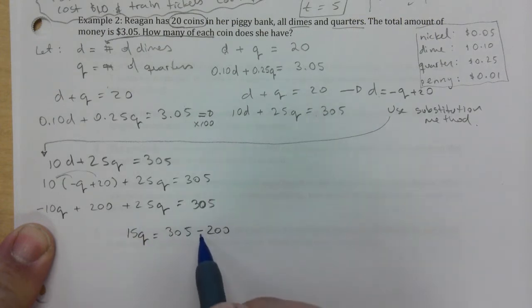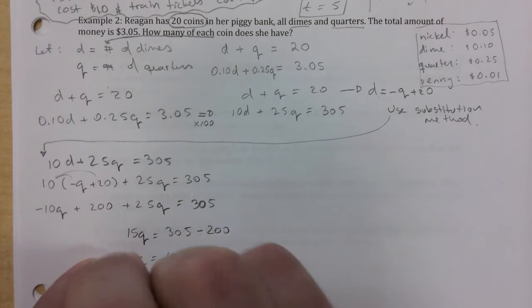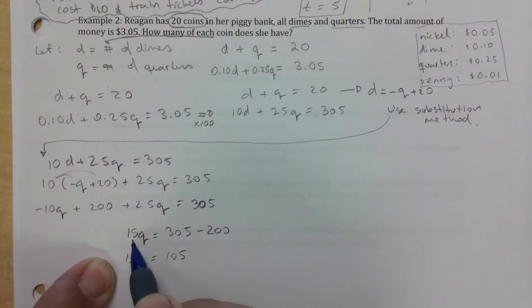The 200 comes over subtracting. So 10Q is equal to 105, right? I don't know why I came up with a 10, sorry. My bad. This is a 15, right? Let's keep it 15. Divide both sides by 15. Q is equal to 7. I'm going to box that in for now.